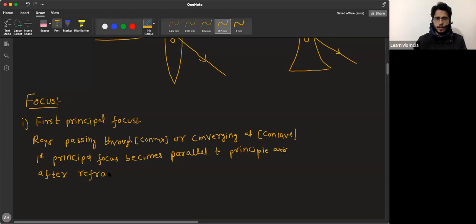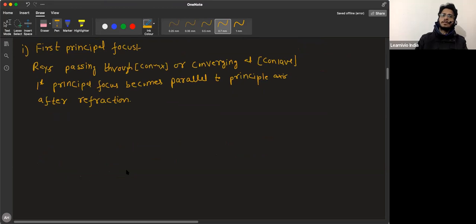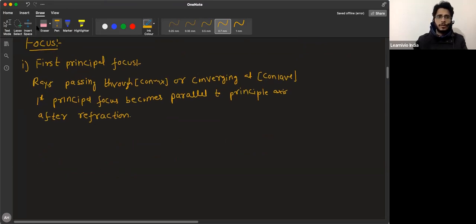So after refraction, the ray will become parallel to the principal axis. That's the first principal focus. That is rays passing through, for a convex lens. Yes, I'm coming to it.